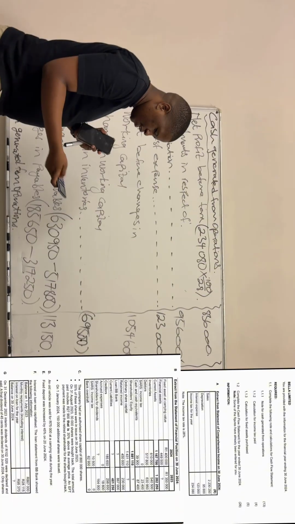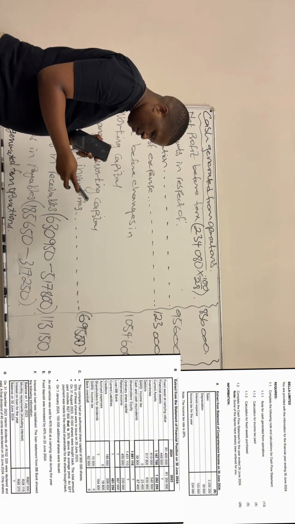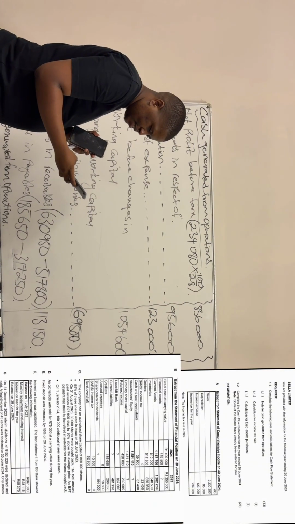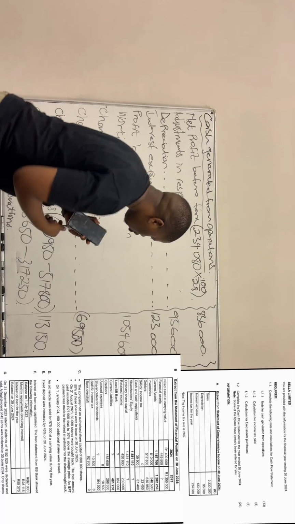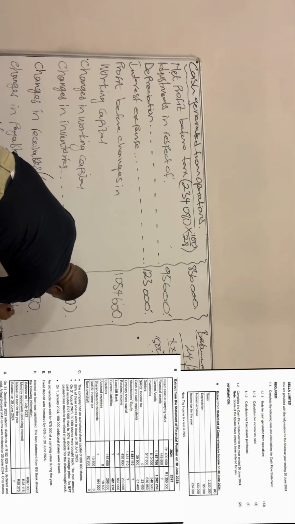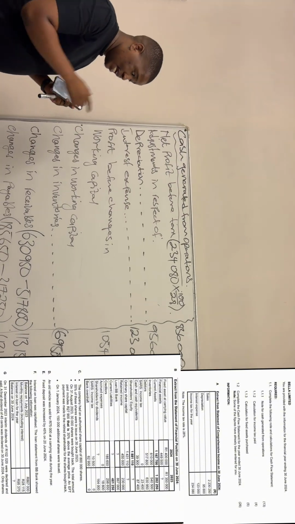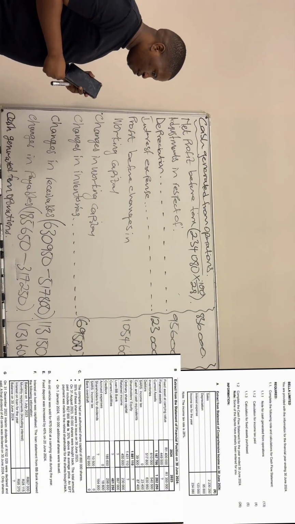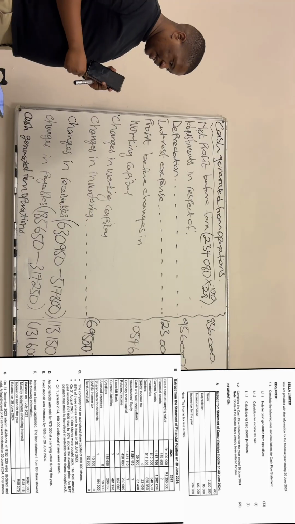Then you say 185,650 minus that. We have an outflow of 131,600.